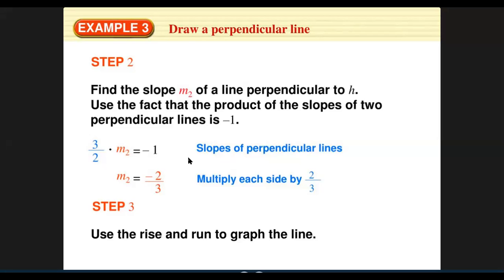Let me explain something. We can use this magic triangle.